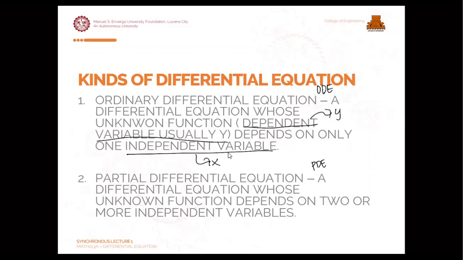So, kung halimbawa may given tayong derivative na dy over dx, di ba kung ano yung numerator, siya yung dependent. I know I have mentioned this dun sa integral calculus natin. Then yung independent natin is yung nasa denominator. Okay?